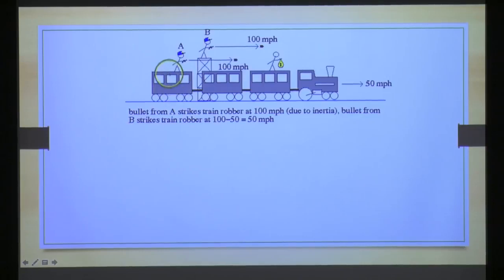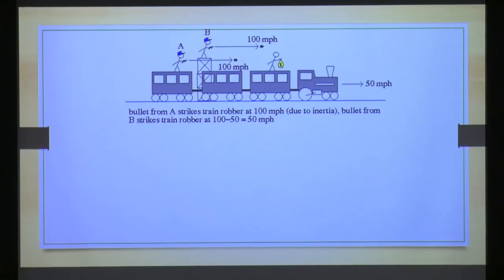The bullet of the cop that is on the train will hit the robber at 100 miles per hour. I mean, it makes sense. If you are on a train and you're playing snooker, your ball does not go quicker. You cannot know if you're on a train or in your home playing snooker.